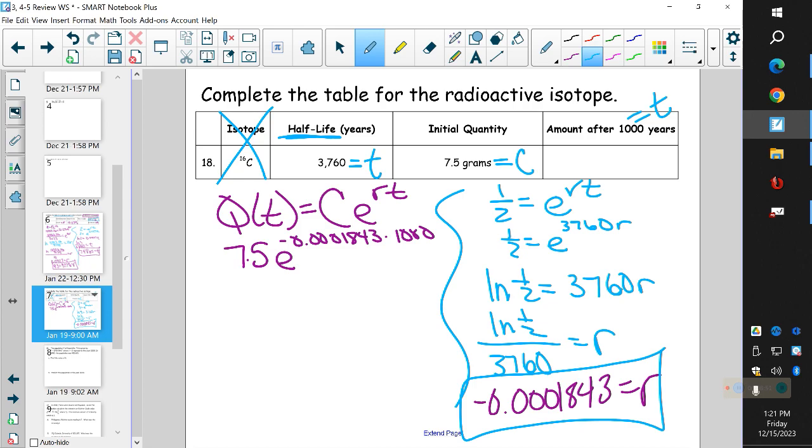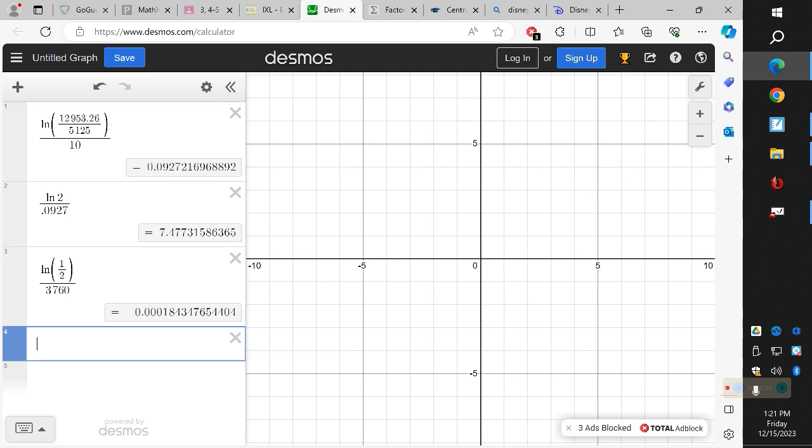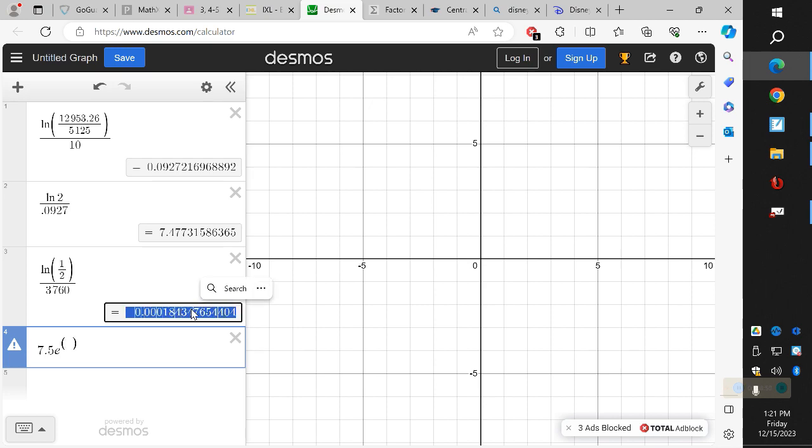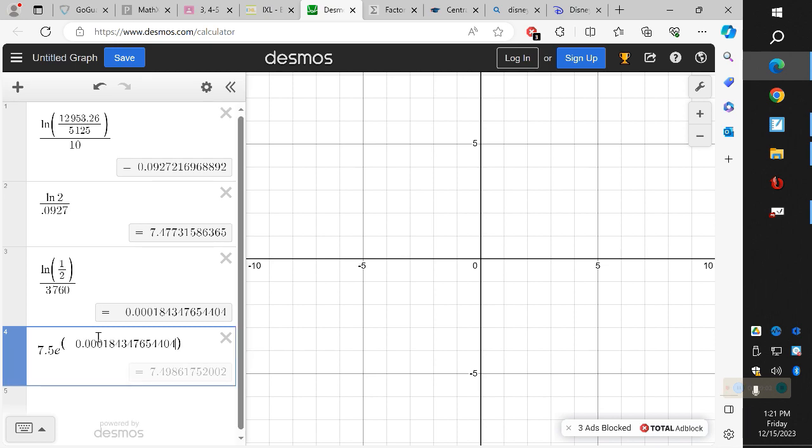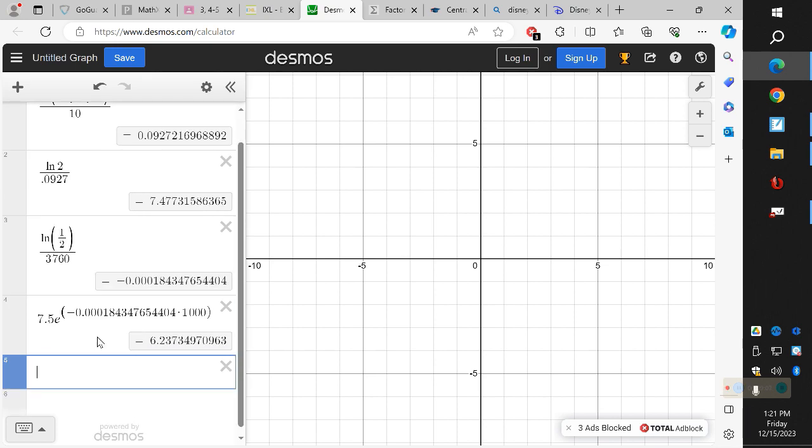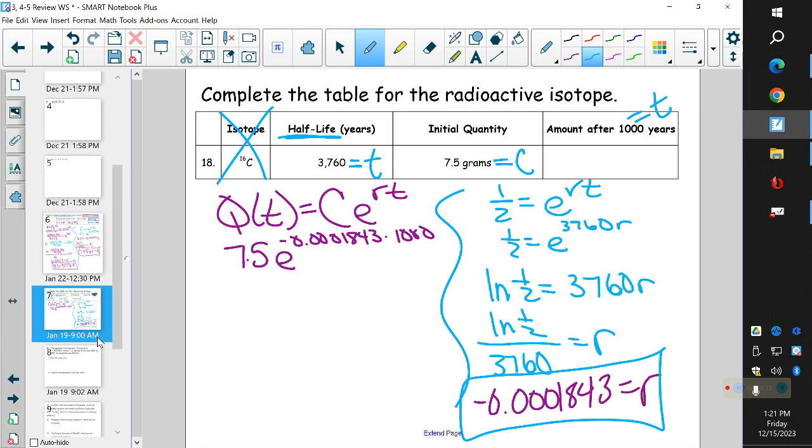So I'm going to come back over to Desmos, 7.5 e raised to the parenthesis. You're going to click on this, Control C to copy, click back in the exponent position, paste Control V, times 1,000, and hit enter. How much of the isotope is left? 6.24 grams.